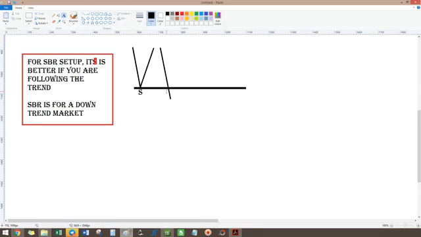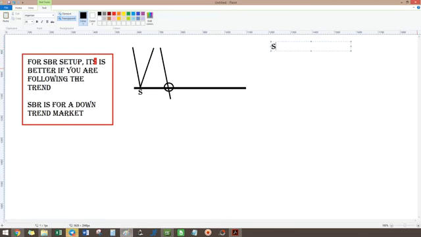First, it must engulf the support. First break. Over here, break. Steps to validate the flag. First, a support level.